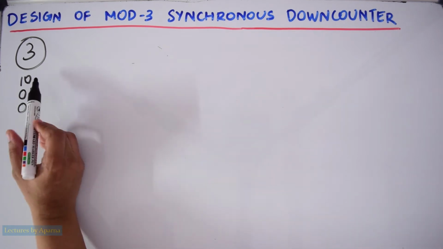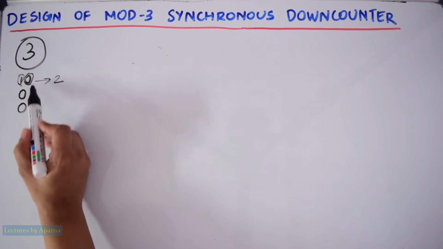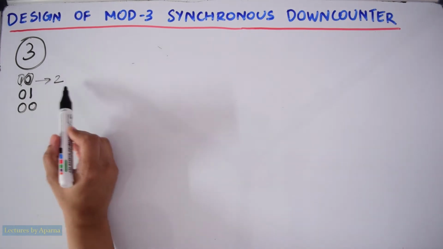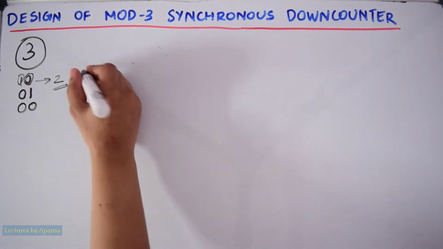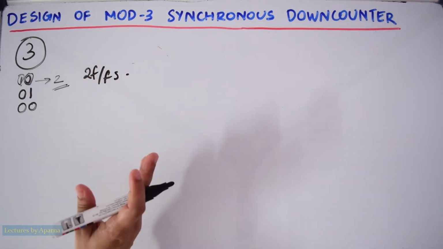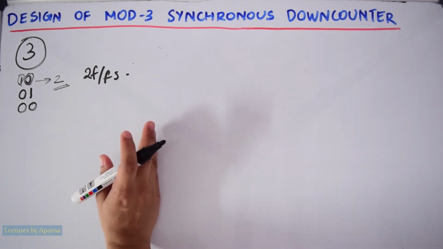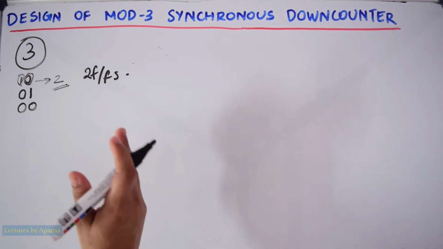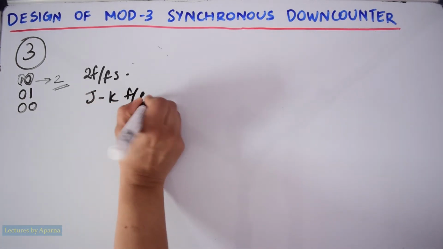So in each state there are 2 bits. Since there are 2 bits, it means we need 2 flip-flops. So 2 flip-flops are used in implementing Mode 3 synchronous down counter. Here I am using JK flip-flops.